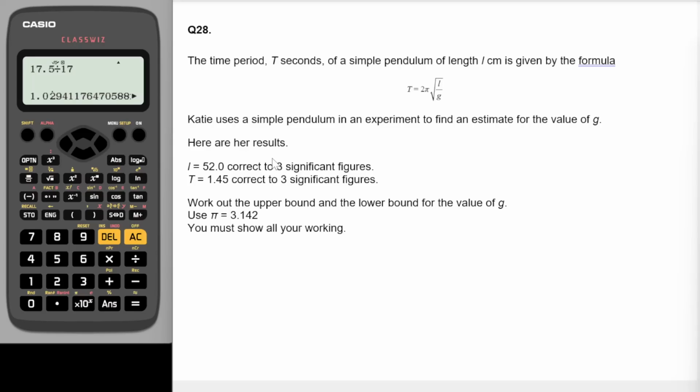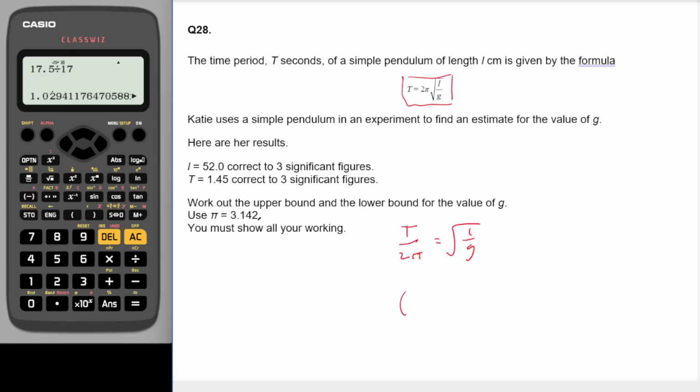Okay. We shall do that rather than the pi button. So the first thing I'm going to do is rearrange that, because it's G that I'm trying to work out. I'm going to say that T over 2 pi is equal to the square root of L over G. Square both sides.